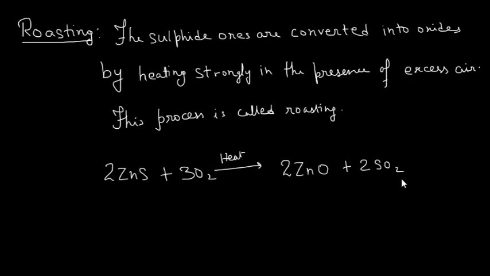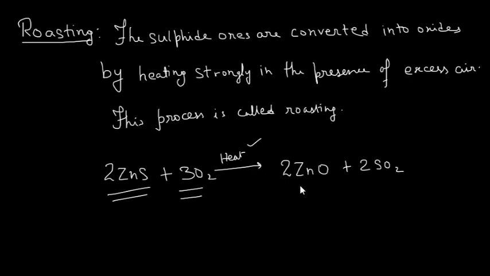So what is roasting? The sulfide ores are converted into oxides by heating strongly in the presence of excess air. Here ZnS is a sulfide ore and we are heating it strongly in the presence of excess oxygen, 3 molecules of oxygen in this reaction.